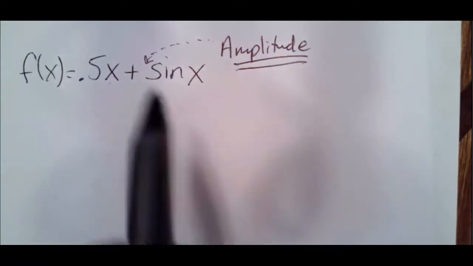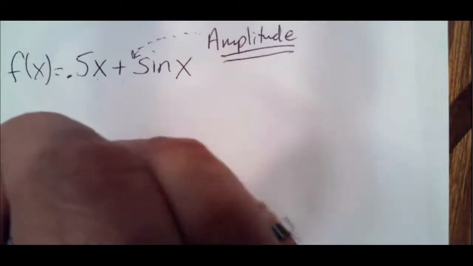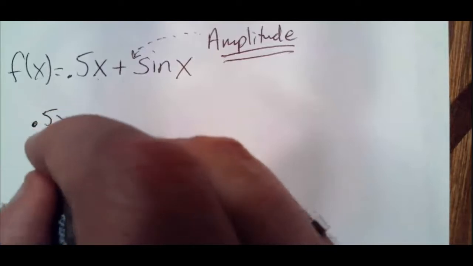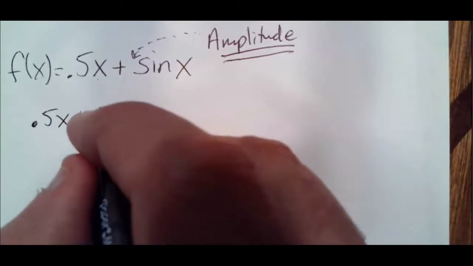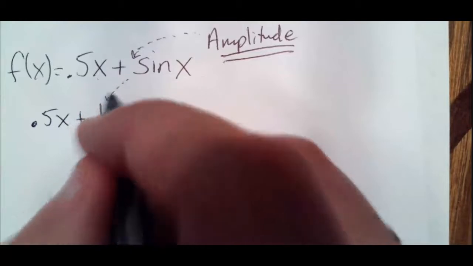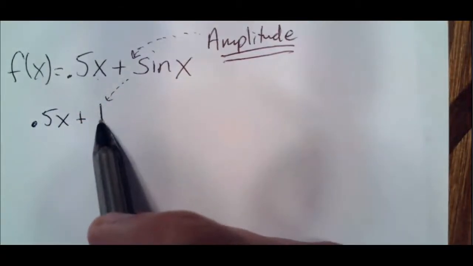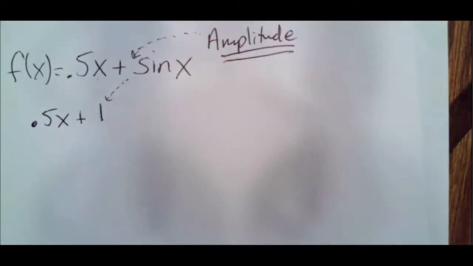So right in front, that is an amplitude of 1. So I would have 0.5x plus 1. I just want to know what my amplitude is. Well, this is 1, and that would be like an upper bound.